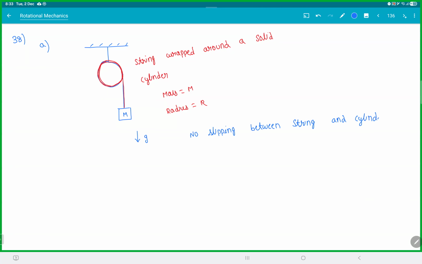So what do you mean by this? Till now, in all the problems we have done so far, the pulley was always smooth, if you remember in NLM and everything. So what was the difference?